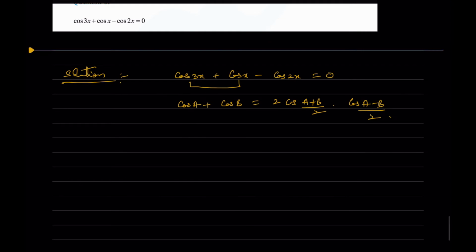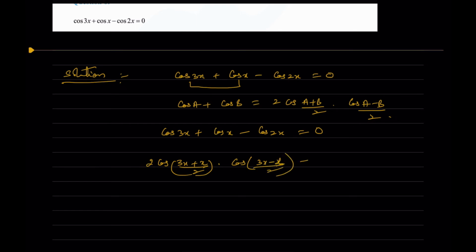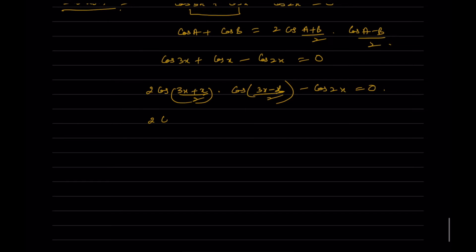So cos 3x plus cos x minus cos 2x is equal to 0 can be written as 2 cos of (3x plus x) by 2 into cos of (3x minus x) by 2 minus cos 2x is equal to 0. Now we get 2 cos of 4x by 2, which is 2x, into cos of (3x minus x) by 2, which is x, minus cos 2x is equal to 0.